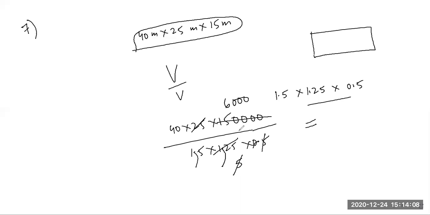Now let's cut with 15. 4 fours are 16, so it will be 16,000 crates.